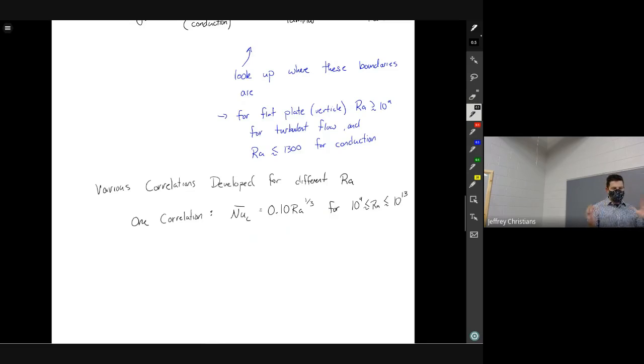Okay, so it's going to be valid. It's a fit to data valid over the range that it fits best.